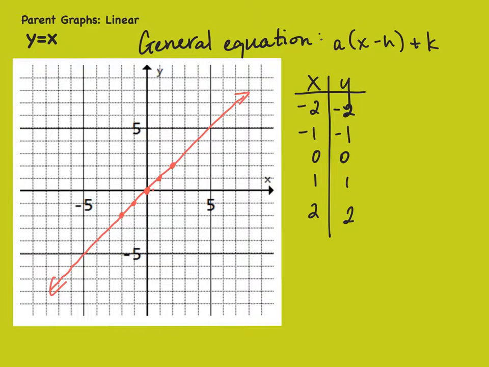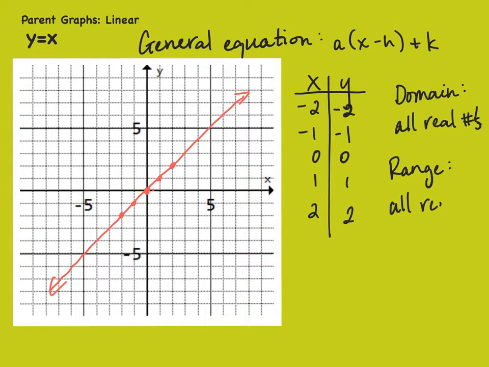The other parts I want you to list on here are the domain. With the linear, this is all real numbers. Whoops, that's an apostrophe S if you can't tell. And then the range, no restriction on y either, so that is also all real numbers.